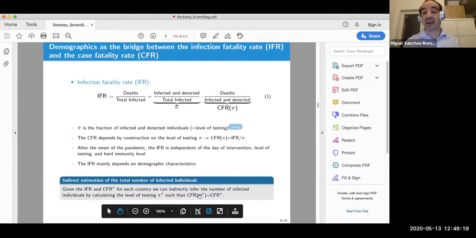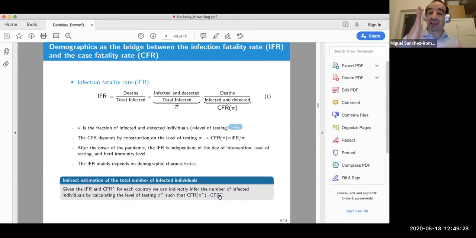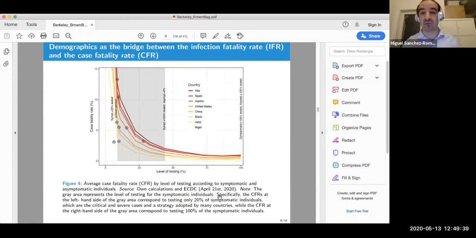It will be the level of testing such that it coincides with the case fatality rate. So what we are plotting are ISO infection fatality curves for each one of the countries depending on the demographics. Here is the plot that we have in the paper.